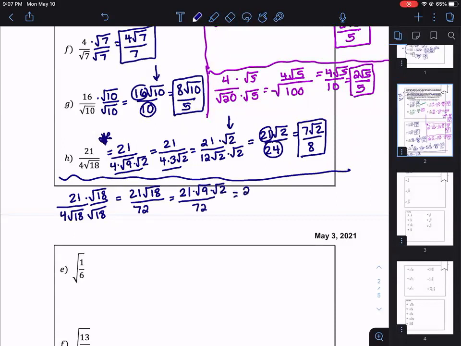So as you can see, this method is not my preferred method because I get very large numbers that I have to deal with. I'm not saying it's not doable. I'm just saying it's a lot. I would end up getting 7 radical 2 over 8 when I divide the top and bottom by 9. So I'm going to leave that for you guys to catch up. But again, that's not my preferred method.